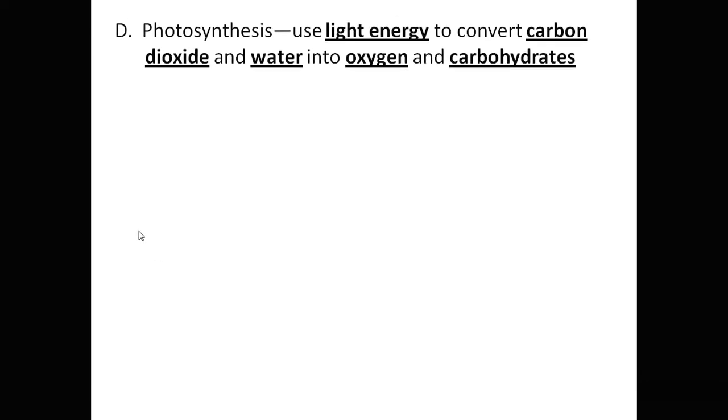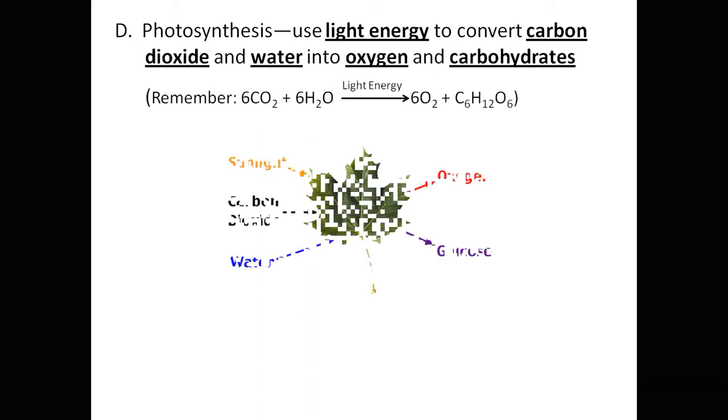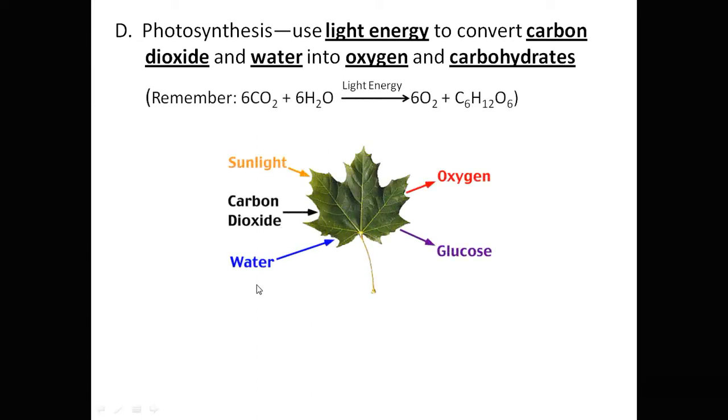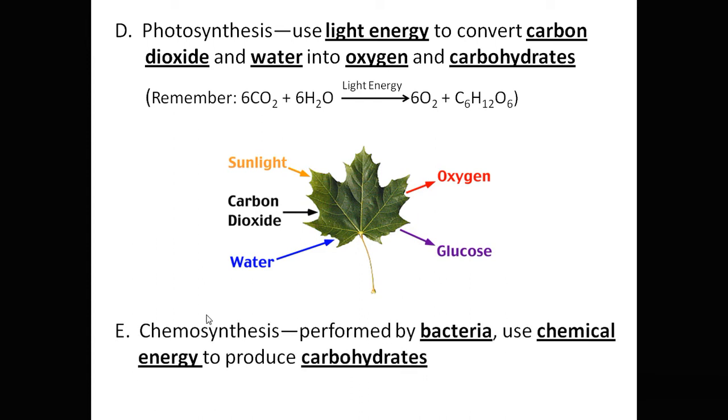Plants synthesize their own food material with the help of a process called photosynthesis. Here in photosynthesis, they use light energy to convert carbon dioxide and water into oxygen and carbohydrate molecule or a glucose molecule. This is the equation for that. And some bacteria perform chemosynthesis through which they use chemical energy to produce carbohydrates. So these are the producers.